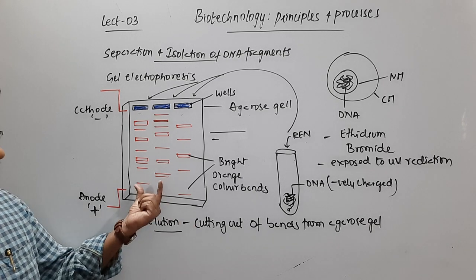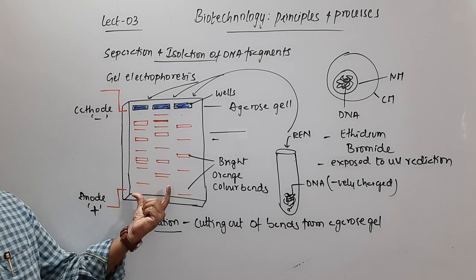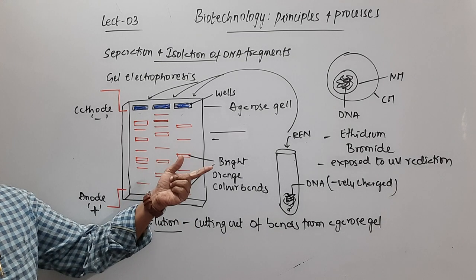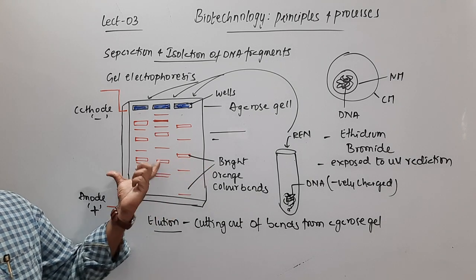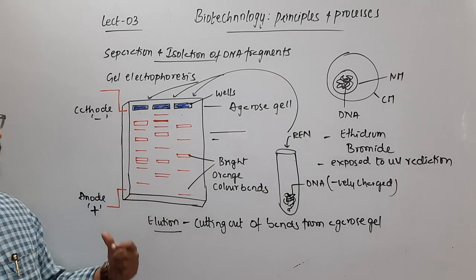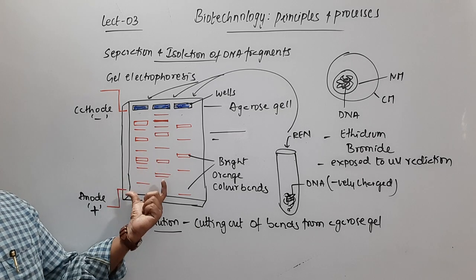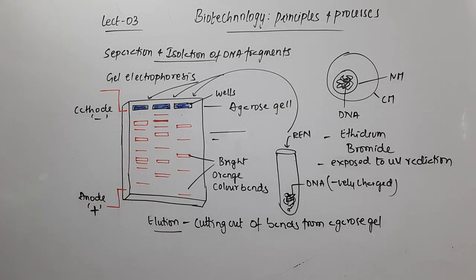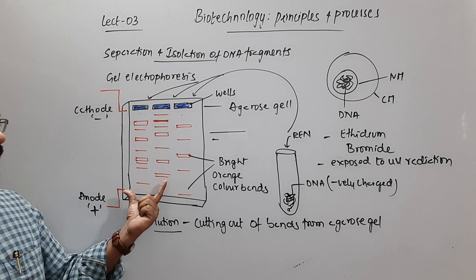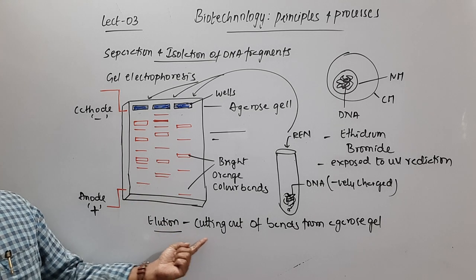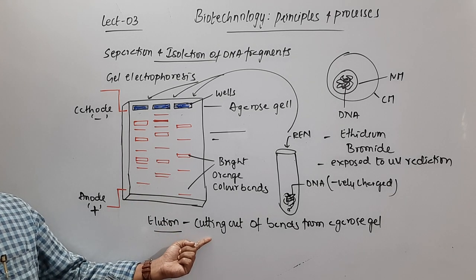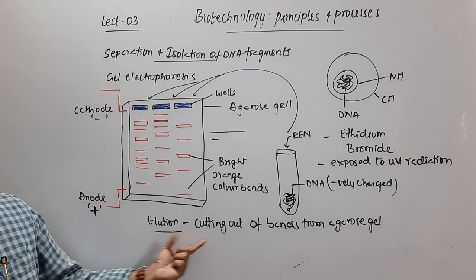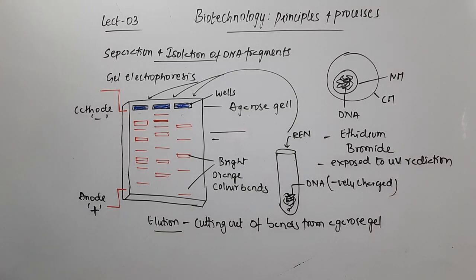So once these bands are formed, we will be applying ethidium bromide and exposing it to UV radiation, and once we are able to see these bands in bright orange color, we will be removing the bands from the agarose gel in a process called elution.